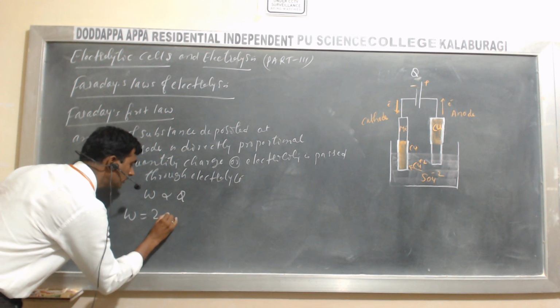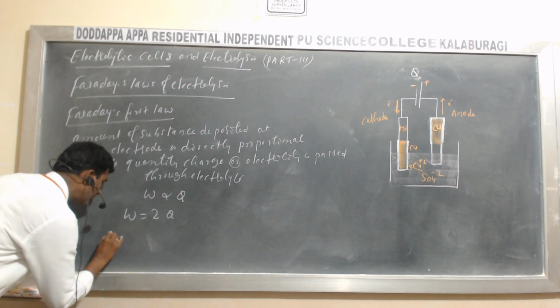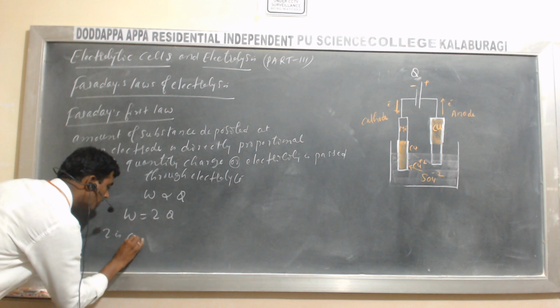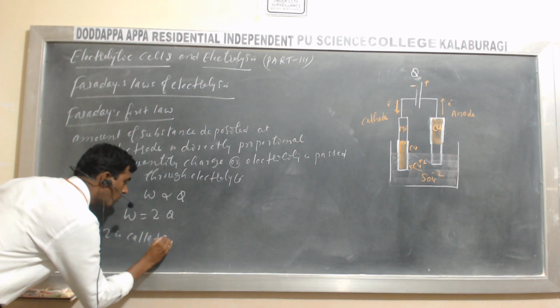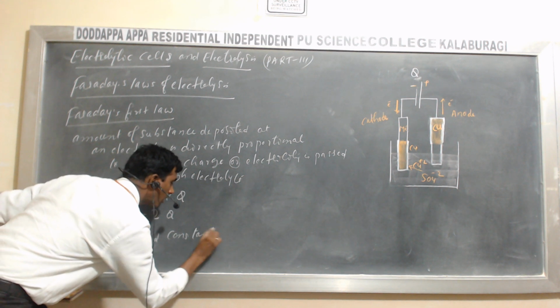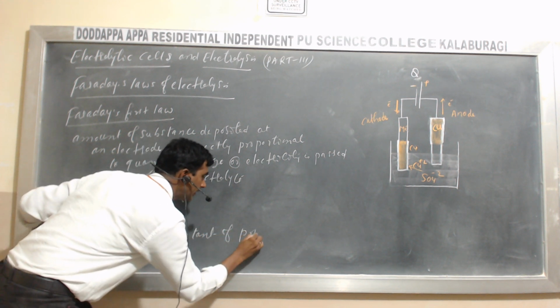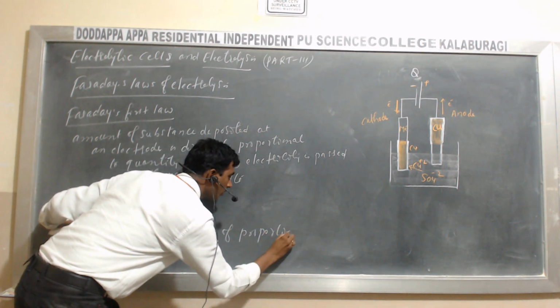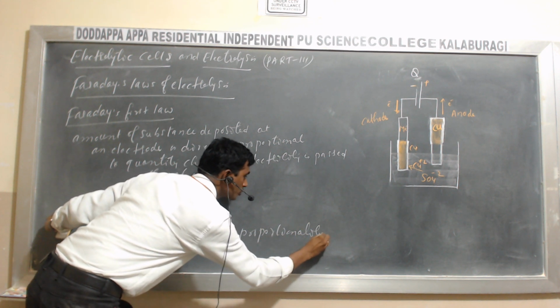Now I can write W is equal to Z into Q, where Z is called the constant of proportionality.